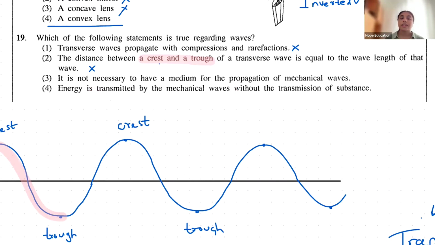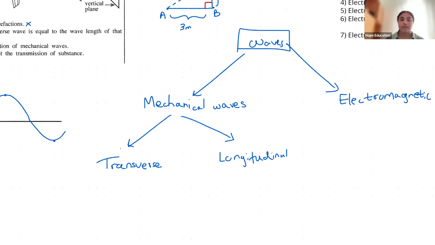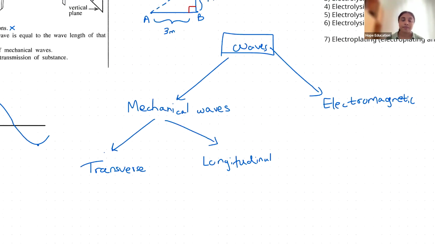Third one: it is not necessary to have a medium for the propagation of mechanical waves. Now, you know waves are divided into two: mechanical waves and electromagnetic waves. What is the main difference between them?